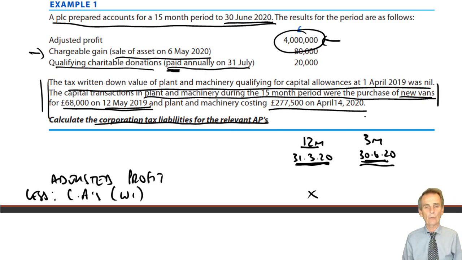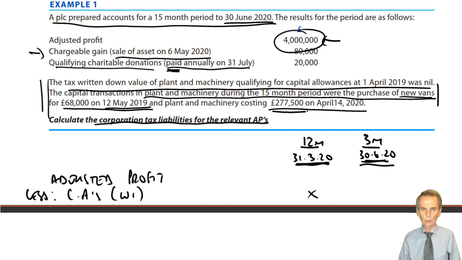Now, what we've got to realise here, as we have kept on saying, is that the £1 million AIA limit is an annual limit. This is only a 3-month period. Therefore, we can only have 3/12 of that annual limit of £1 million, which would be just £250,000. And that expenditure is more than that.